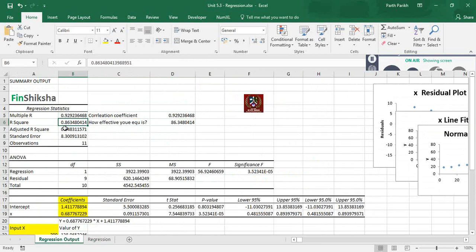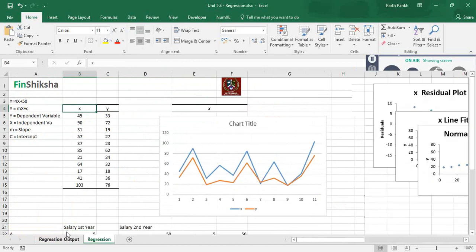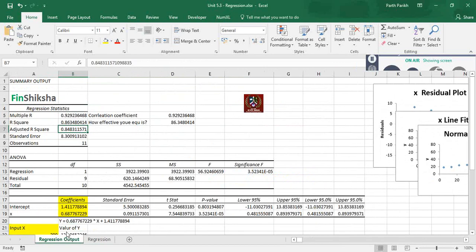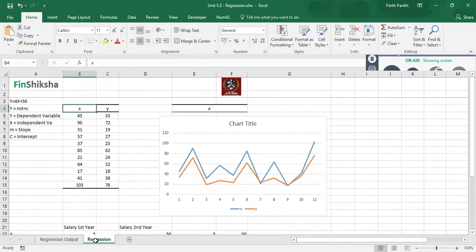Adjusted R square is another measure where we have more than one independent variable. Let's say you have two independent variables. Instead of one x, which is over here, you have x1 and x2, and y is dependent on both x1 and x2. That's where the adjusted R square comes into the picture. The higher the number of variables, your R square will obviously be higher. Adjusted R square will nullify the effect of the relationship between the independent variables.